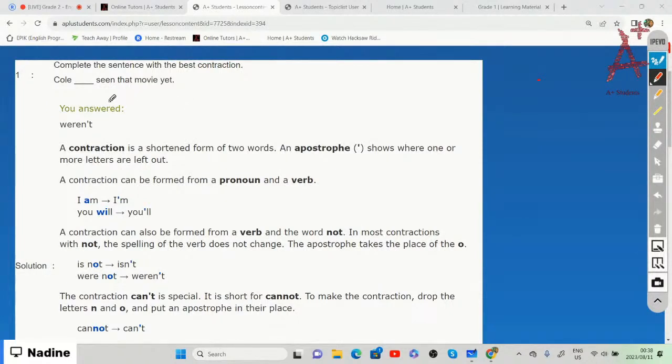So Cole hasn't seen the movie yet. Hasn't is the base contraction to complete the sentence.